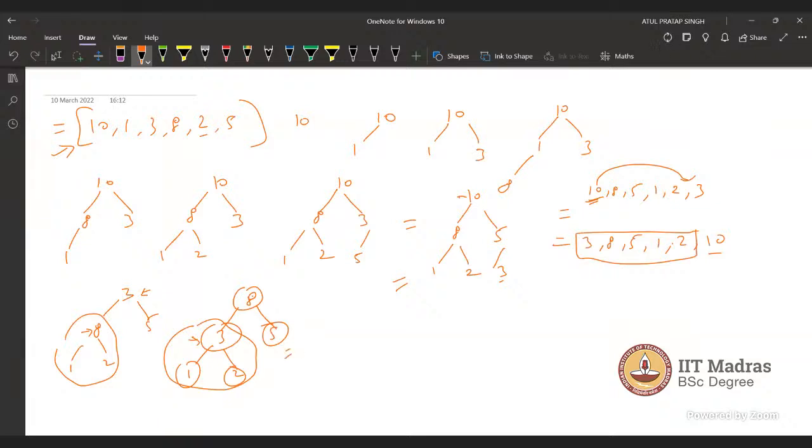Now once again we have created the max heap for the remaining elements, and this 8 comes at the top position. If we represent this again as a list, it is 8, 3, 5, 1, 2, and the previous element, which we are not considering in the heap. Now we swap this position with the last element. Now it can come here as 3, 5, 1 and 8.